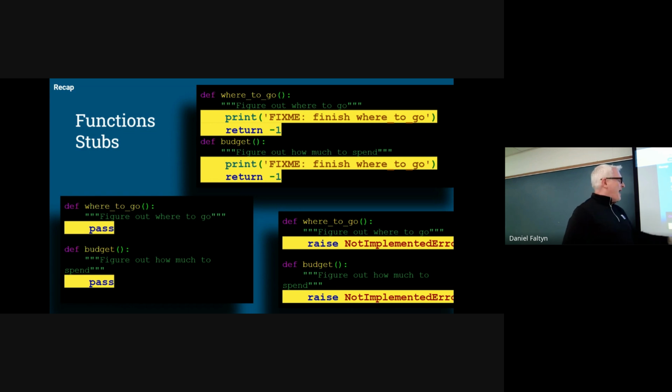Another was the keyword pass inside your function, which means the function's not going to do anything, but it's not going to throw an error. The opposite of pass would be raise, the keyword raise with the exception NotImplementedError. And we walked through what those different things would do when you ran your program. None of them are right, none of them are wrong. It depends on the situation and on how you want to develop your code.